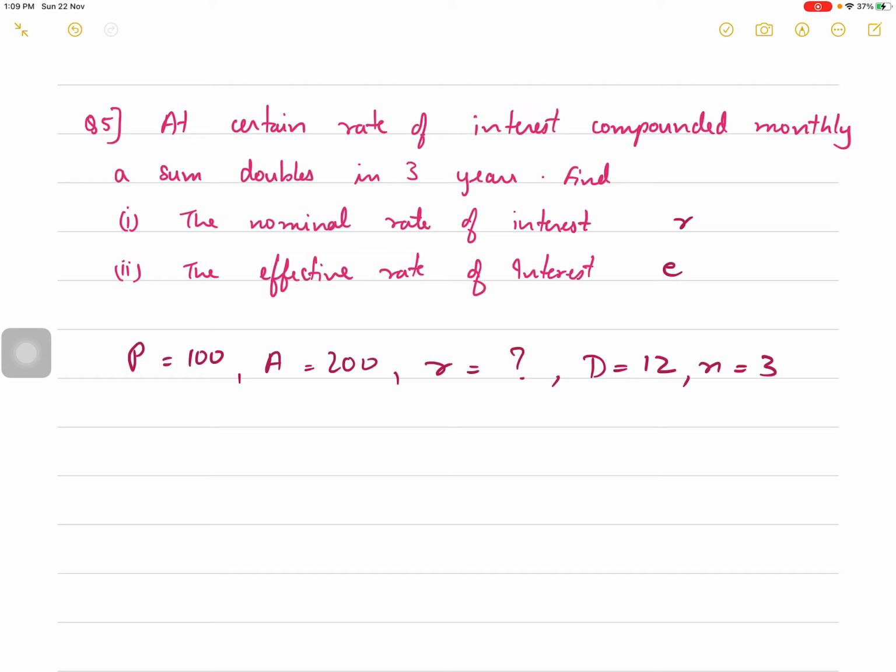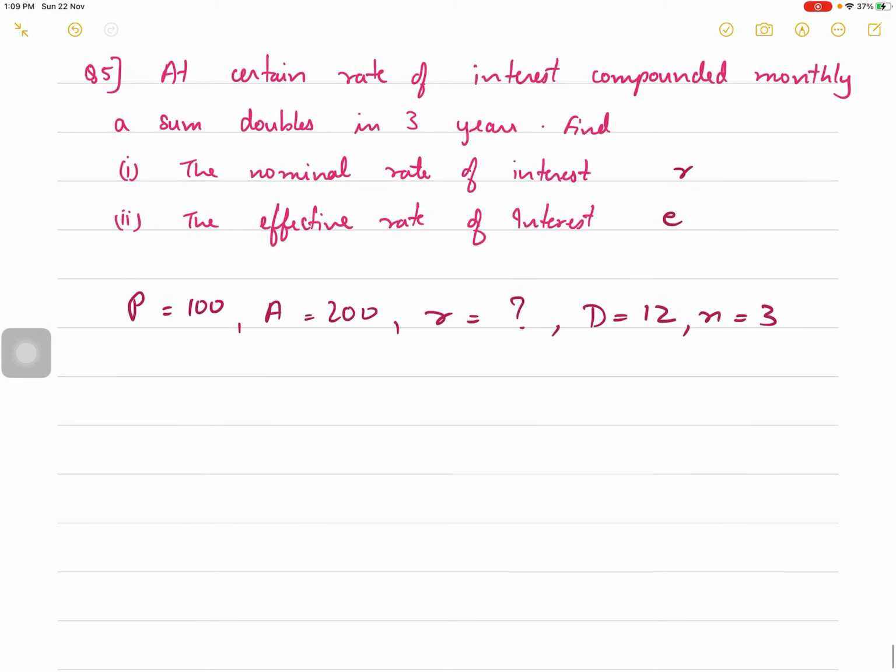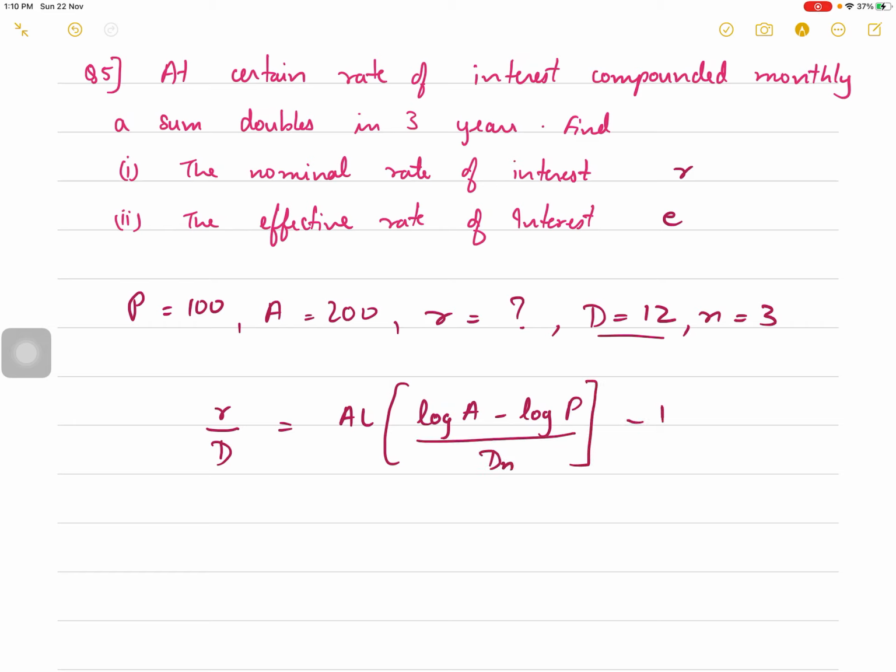Now let's write the formula for R. So there is D also. So R upon D is equal to antilog of log A minus log P upon D into N, minus 1.